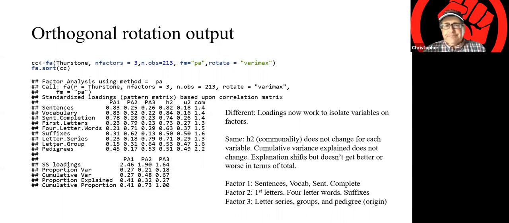You can see the first factor has sentences, vocabulary, sentence completion, something about sentences and word meanings. The second one: first letters, 4-letter words, test dealing with suffixes. So this is dealing with smaller chunks. And finally, the last one: letter series, groups, pedigree, that is origin of words. This has something more to do with categorizing different words.